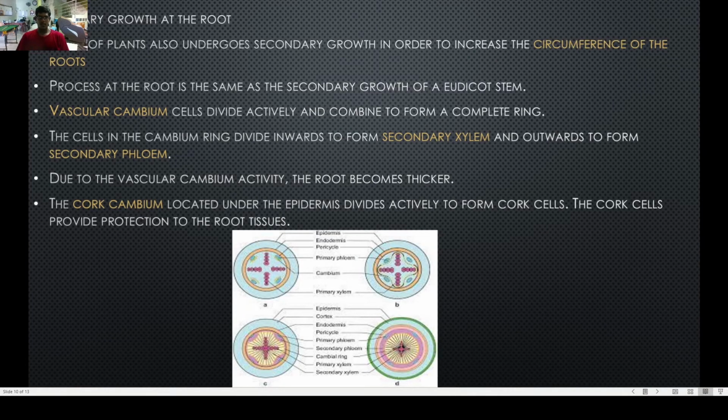The cells in the cambium ring divide inward to form secondary xylem and outwards to form secondary phloem. Due to the vascular cambium activity, the roots become thicker. The cork cambium located under the epidermis divides actively to form cork cells. The cork cells provide protection to the root tissues.